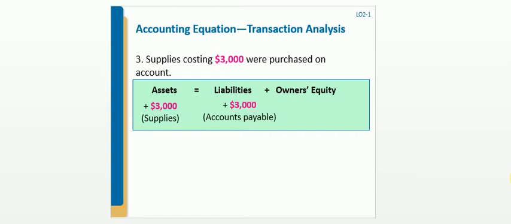That's why accounts payable increases. If nothing was mentioned with the transaction, then you will consider it a credit transaction with accounts payable. And this transaction is a credit transaction because supplies costing $3,000 were purchased on account. It is quite clearly stated in the transaction that there is no cash payment.